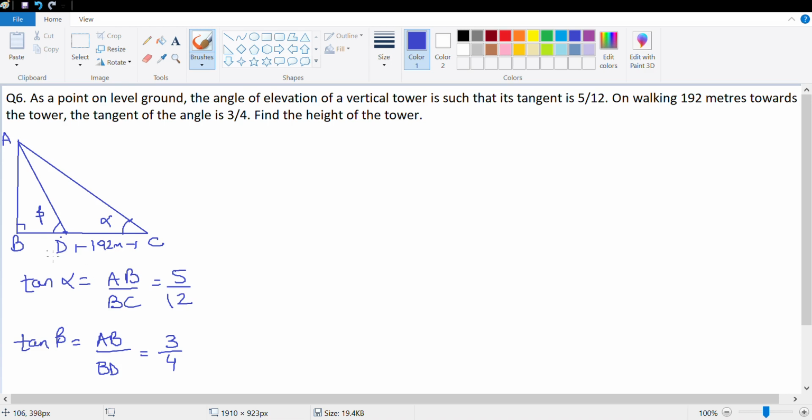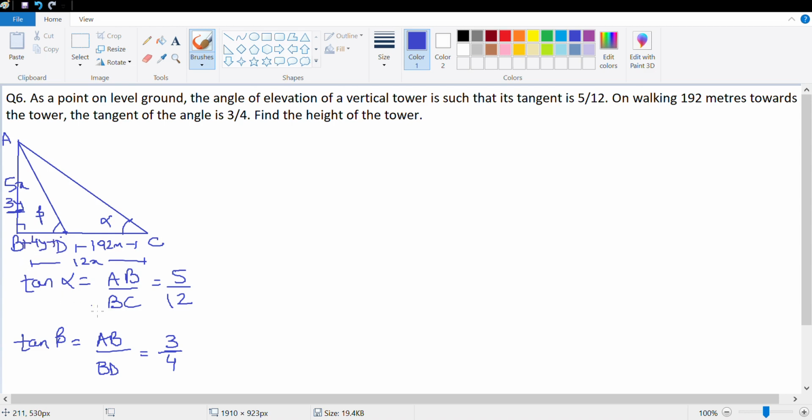So AB is basically equal to 5x. So AB is 5x and BC is 12x. Perfect. And AB is also equal to 3y because I'm taking a different angle, so I'm taking a different ratio. So in this case, the constant I've taken as y, and BD is equal to 4y. Perfect.